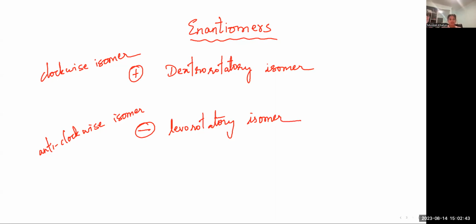Now these enantiomers also have the same physical properties, except for the direction in which they rotate the plane polarized light. So these isomers exhibit different optical activities, and are also sometimes referred to as optical isomers. There are multiple names given to that actually.